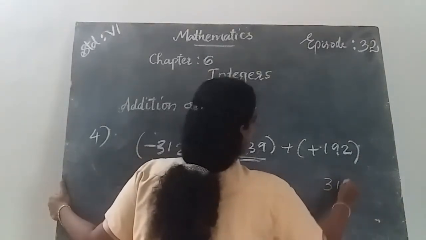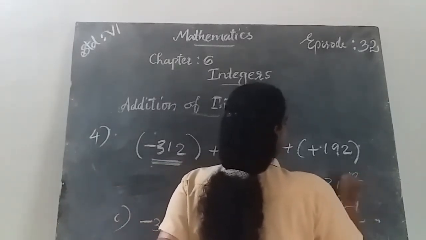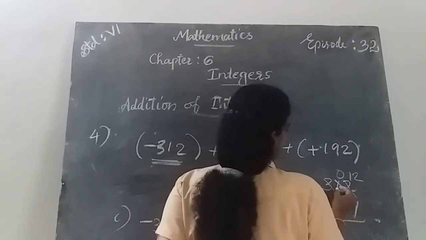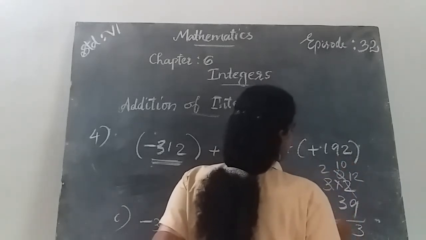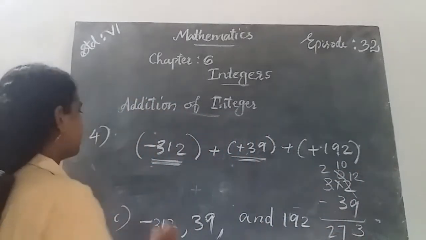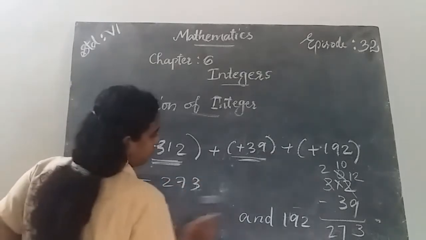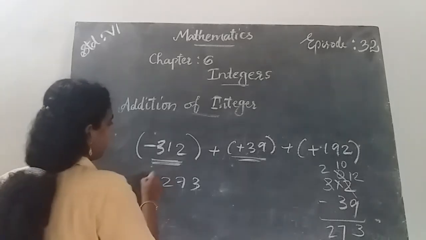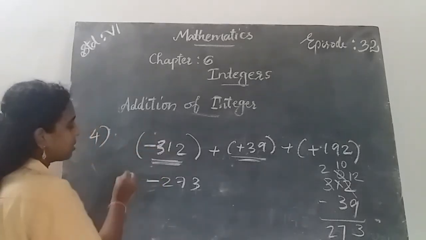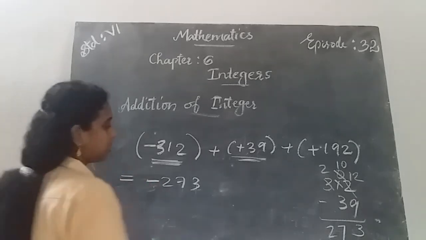Here 312 minus 39, then we get 273. And here it's negative 273, because 312 is the greatest number, so we take the negative sign.